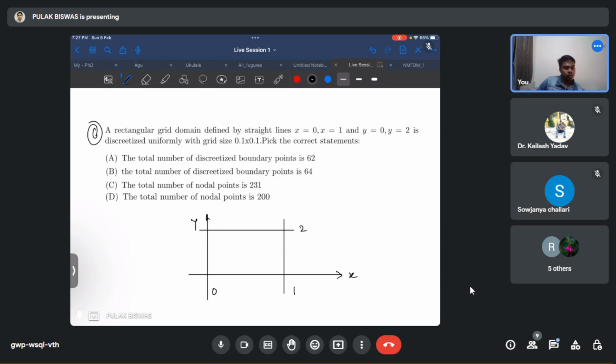So you are dividing this in the interval of 0.1.